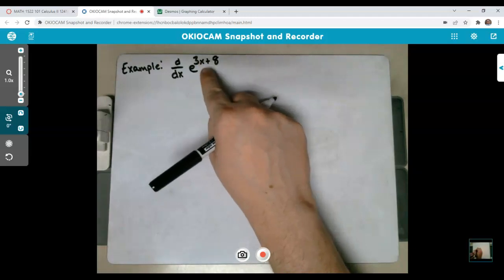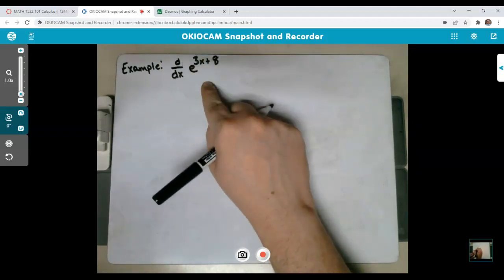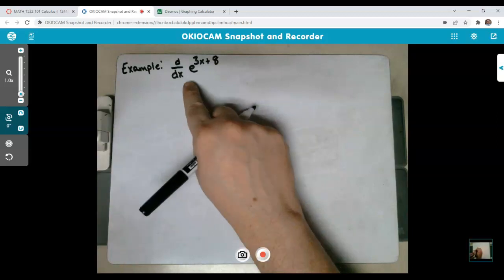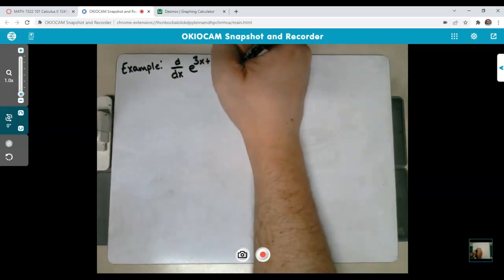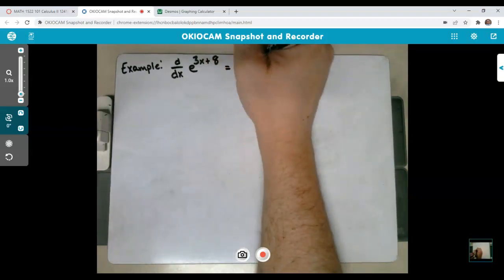So I need to use the chain rule. The outermost part is the e, because it's e raised to some stuff. So I'm going to start with the e. As we just saw, e stays e, so we're going to start with just e to the power of 3x plus 8.